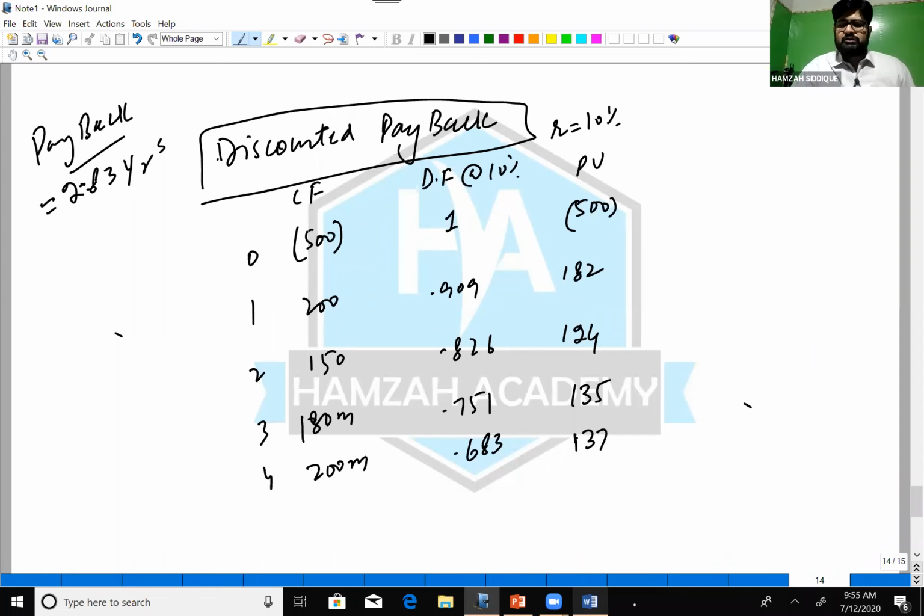Now, these are the present values. Because we are going to calculate discounted payback, first of all we need to calculate present values.